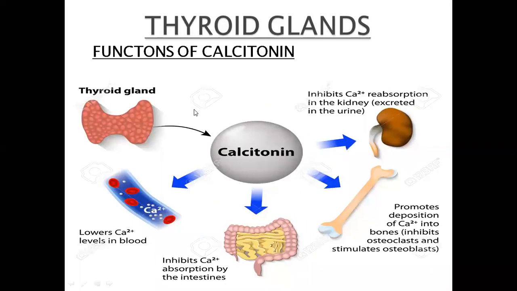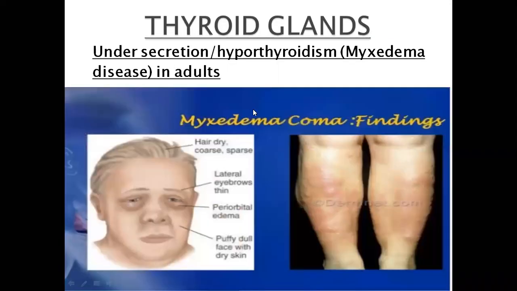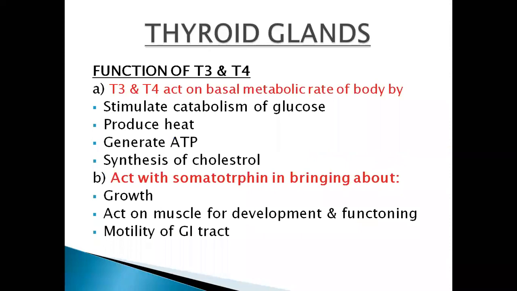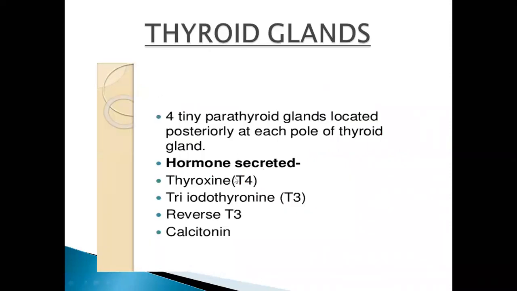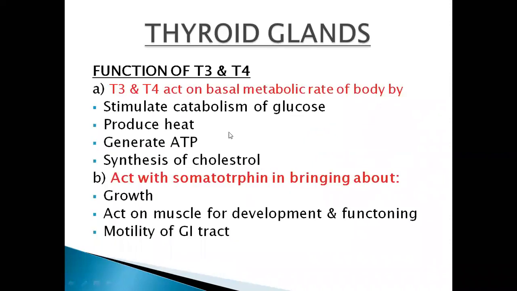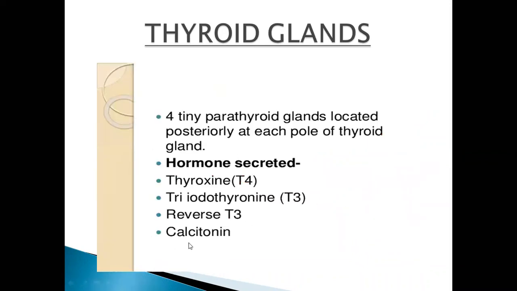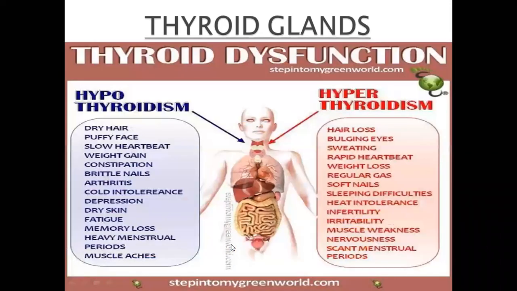Now, there was another hormone I told you about. We have seen these two, right? In the very start, I told you about thyroxine T4 and triiodothyronine T3. So T4 and T3 functions are clear here, about growth and metabolic activities. And we also have seen their problems with hyper and hypothyroidism. Now let's see calcitonin, which is also a hormone that is secreted from the thyroid gland.